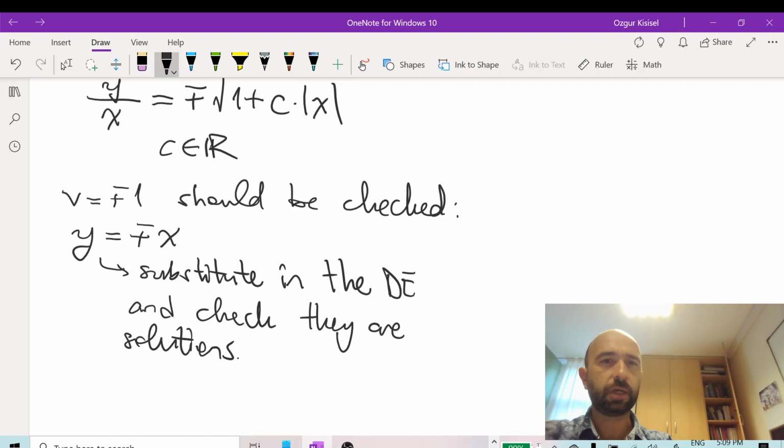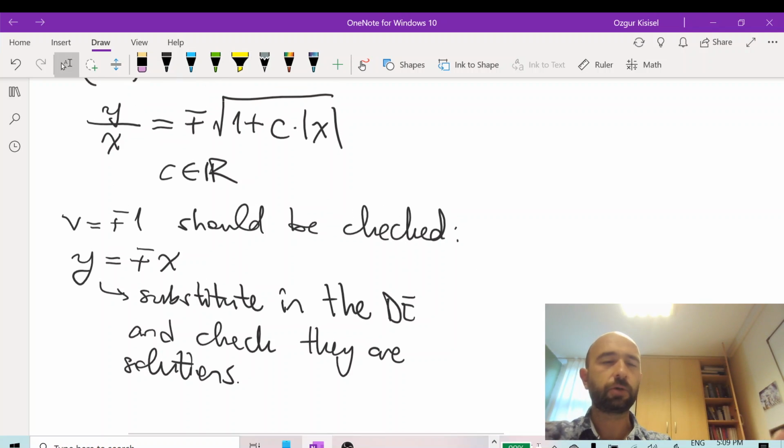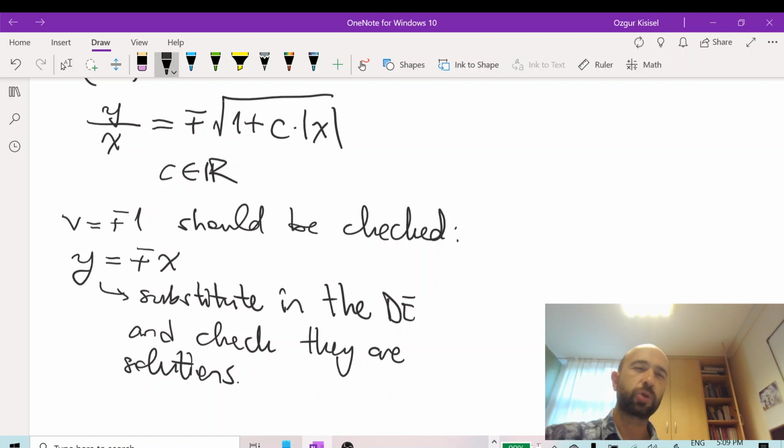And in a sense, they kind of correspond to c equals 0 up here, because if you put c equals 0, you have 1, so that corresponds to y equals plus or minus x. So c equals 0 was not an actual problem. It can take any real value.